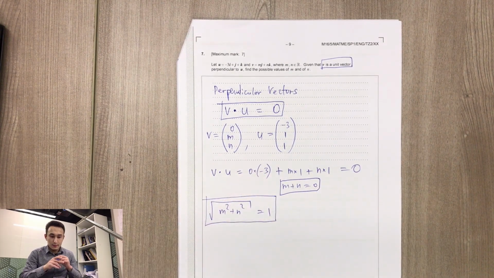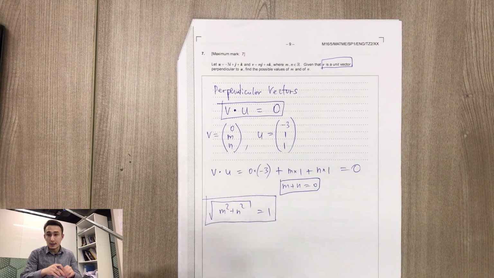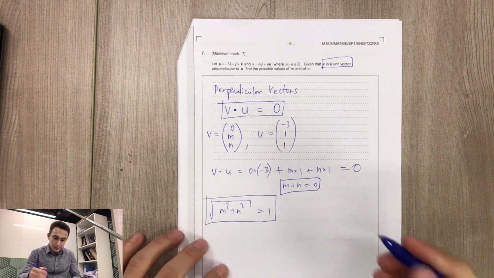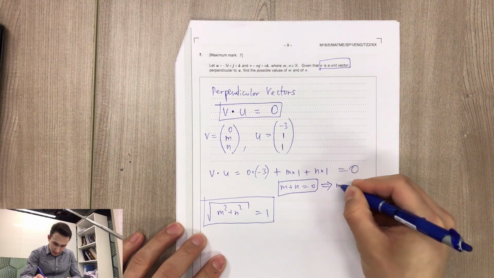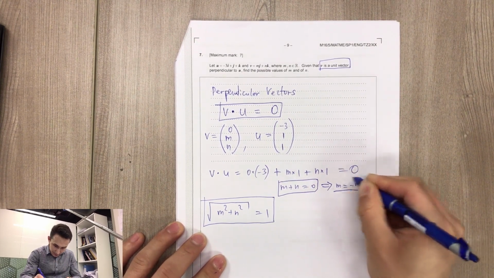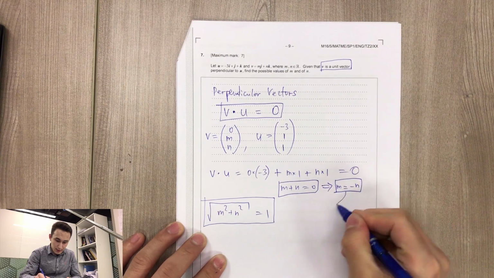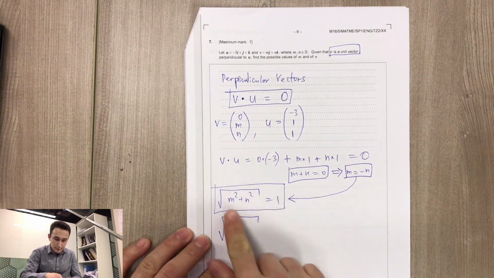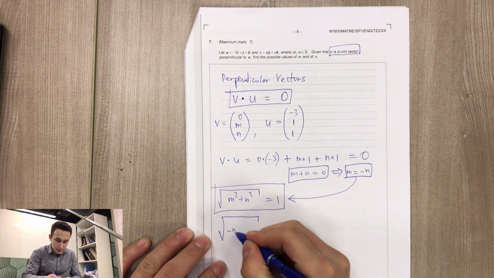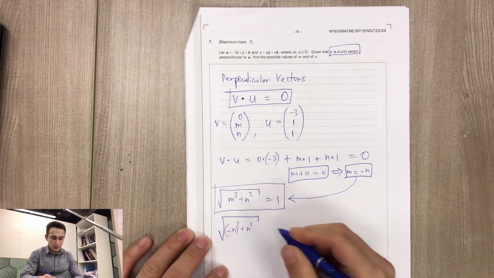Now to find m and n, we just solve the simultaneous equations. From the first equation, m is equal to -n, and we substitute this into the second equation. So instead of m squared, we put (-n) squared plus n squared, under the root, is equal to 1.